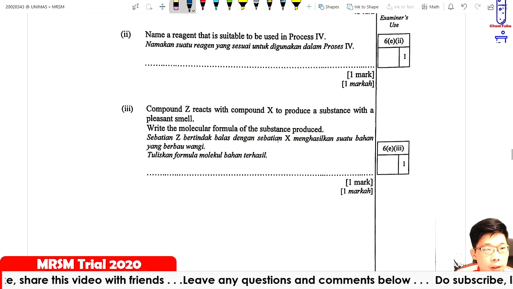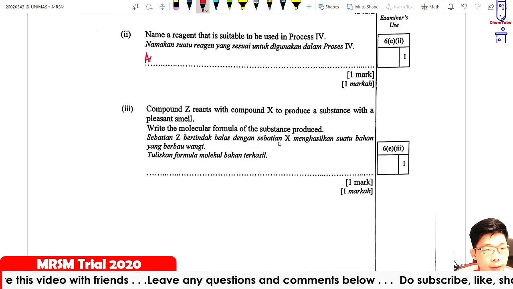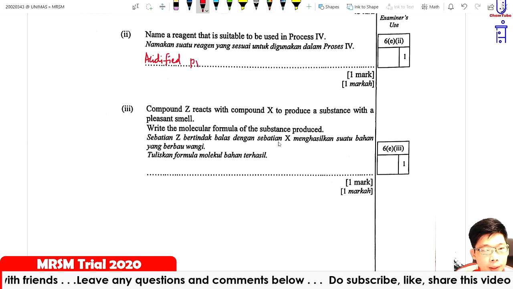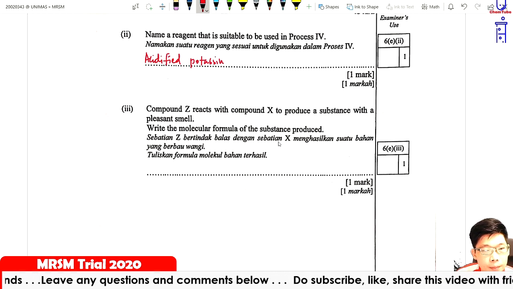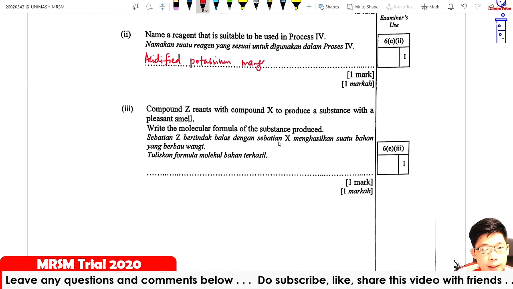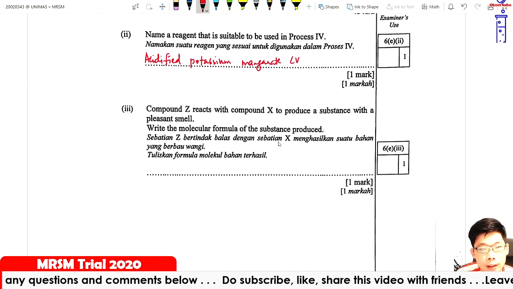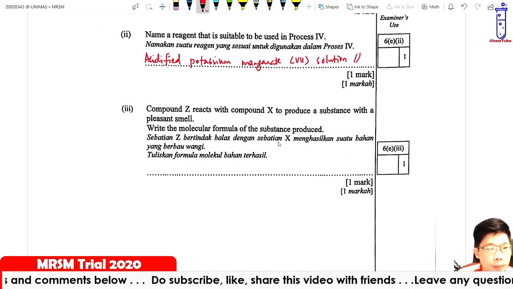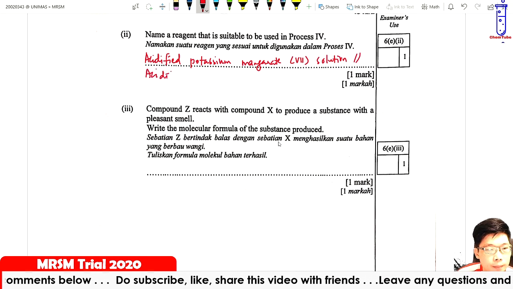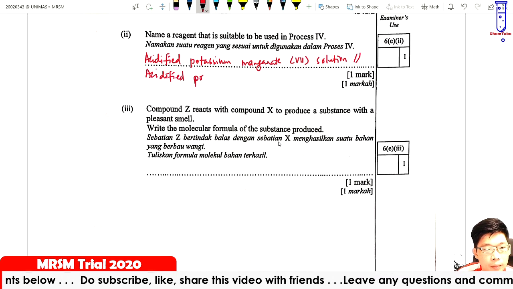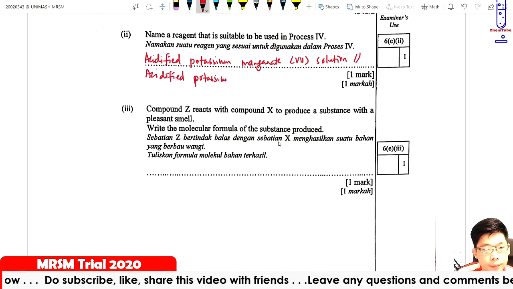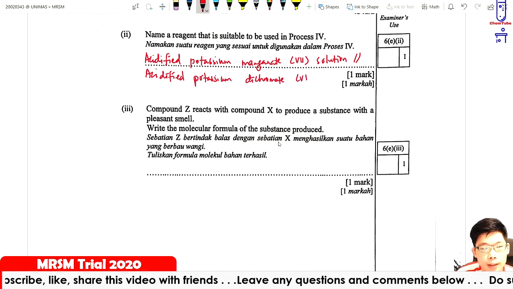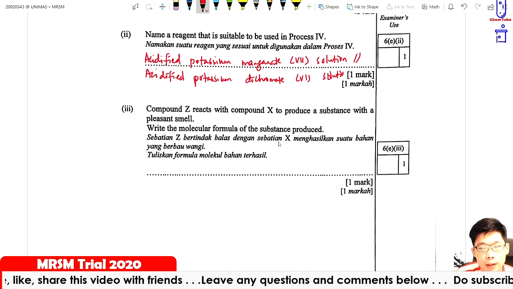Okay, so you can use acidified potassium manganate 7 solution, or another one would be acidified potassium dichromate 6 solution.